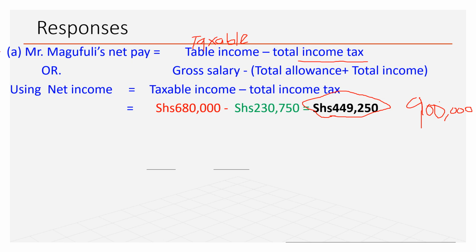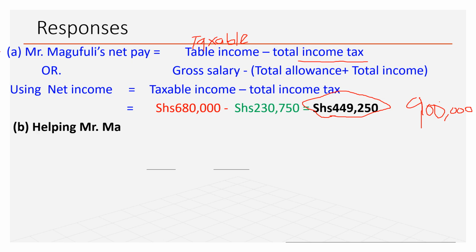You have to explain using the calculations and come up to the reduced net income, which is 449,250 shillings.